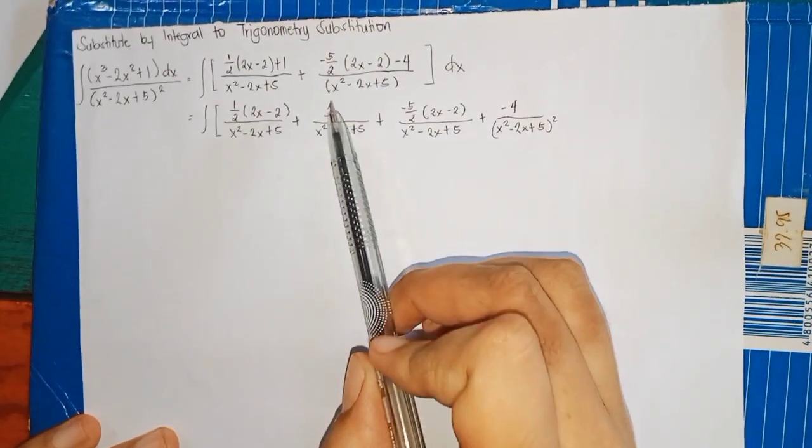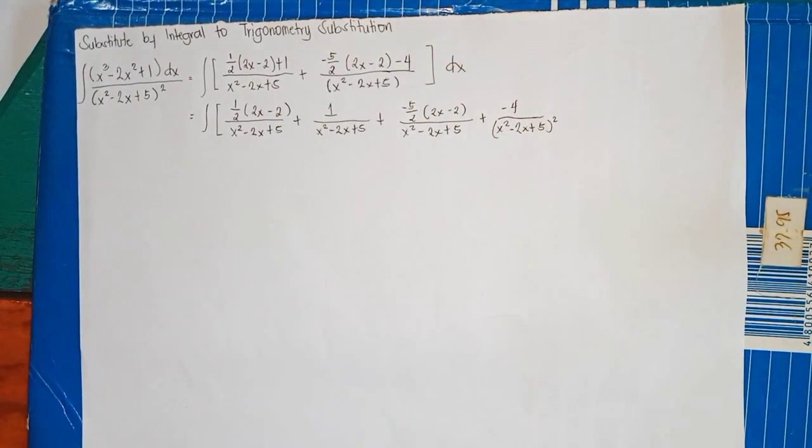So this will be our A, our B, our C, and our D.